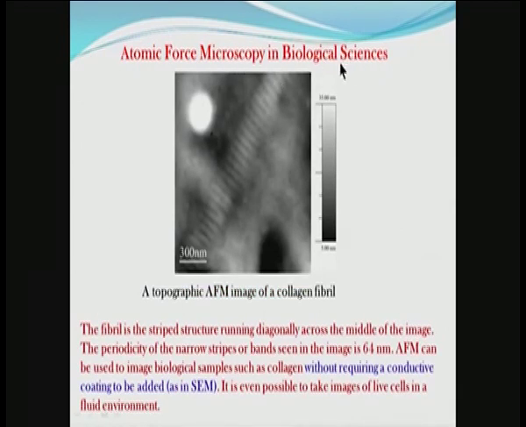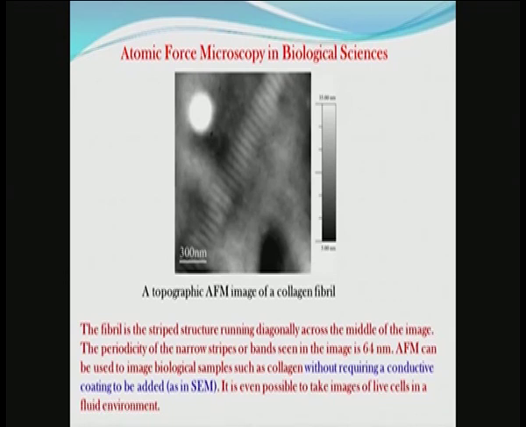Atomic force microscopy in biological sciences. Atomic force microscopy has found extensive applications in biological sciences, where the samples are of a different kind. Now, what we must remember is that if you want to image biological samples by scanning electron microscopy, it is usually necessary to deposit a metallic layer, because biological samples are typically non-conducting, and because of the charging effect, you get poor images by electron microscopy.